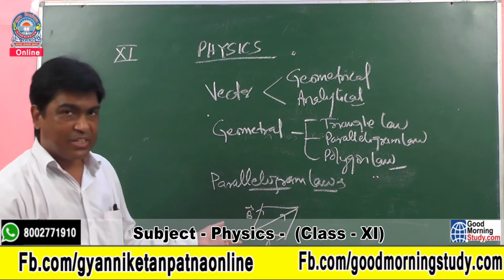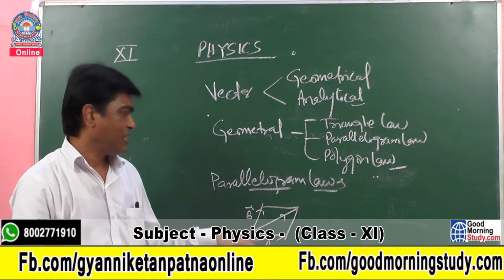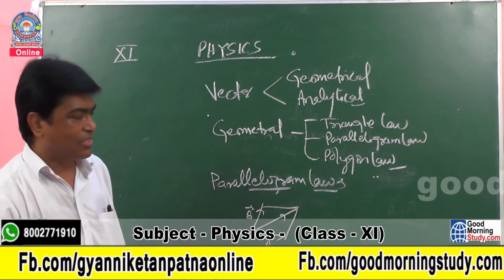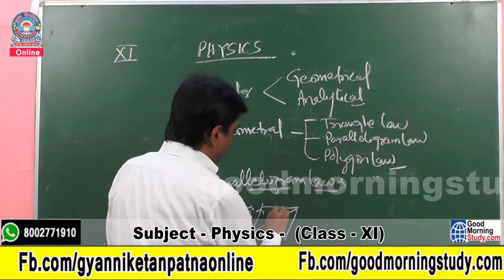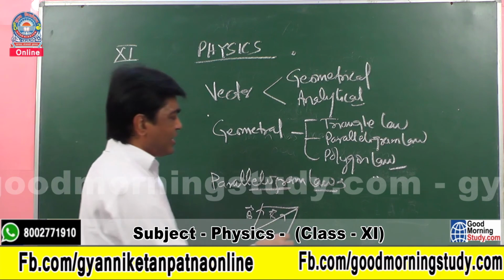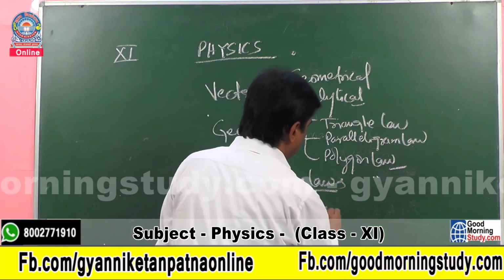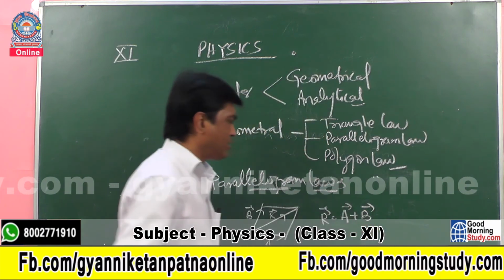You must understand this one. If two adjacent sides of the parallelogram are represented by two vectors, then the diagonal from their intersection, represented by the vector R, is equal to vector A plus vector B.